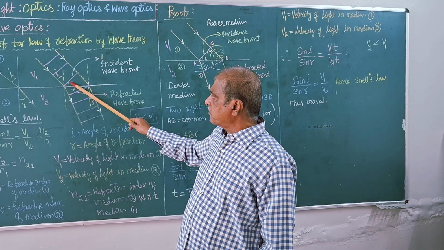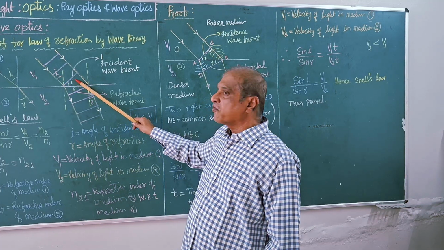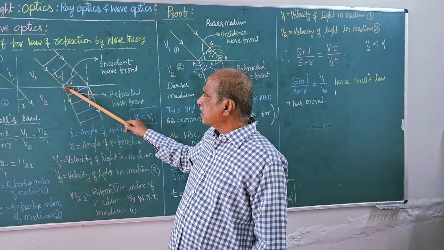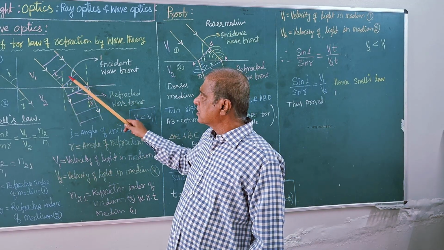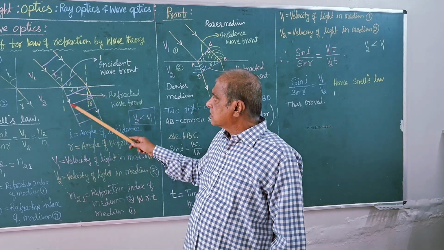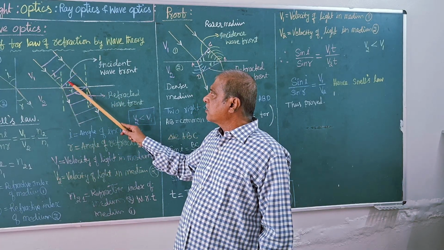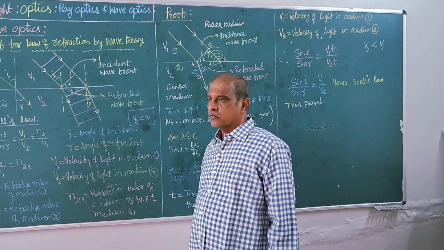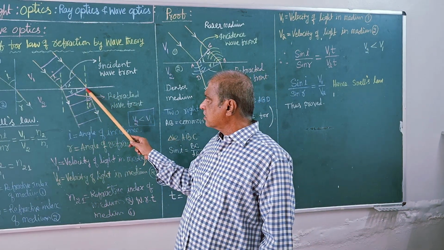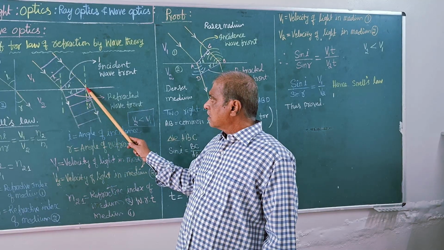This is the wavefront. It is called the incident wavefront. That is, when it is incident here, this point is in touch with the surface, but this point is away from the surface. Still, this is known as the incident wavefront. After the refraction, from this point there is bending.